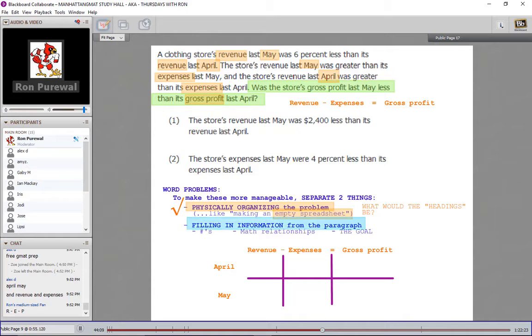So now to get stuff out of the paragraph. 6% less. Let's just write that there. May was 6% less, so this is like down 6%. I'm just going to write that on there with words. And then the revenue was something. What's the point of telling you this stuff?